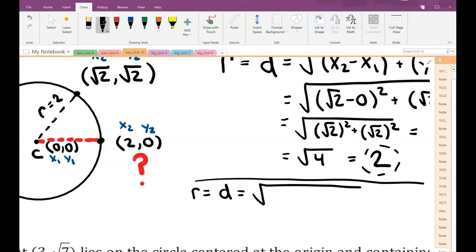x2 minus x1, that's (2 minus 0) squared, plus our y2 minus our y1, which is 0 minus 0, so we'd have (0 minus 0) squared.